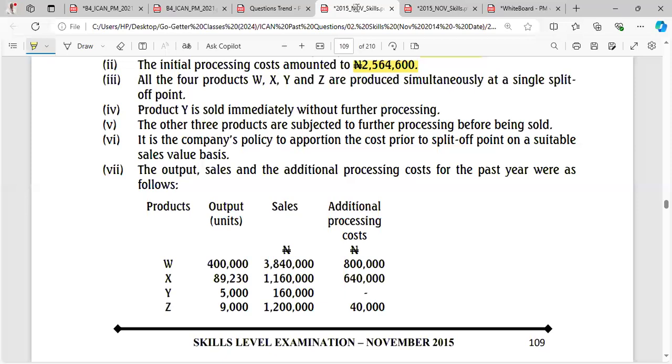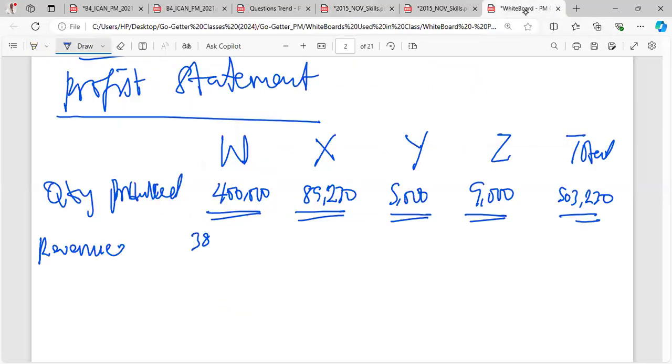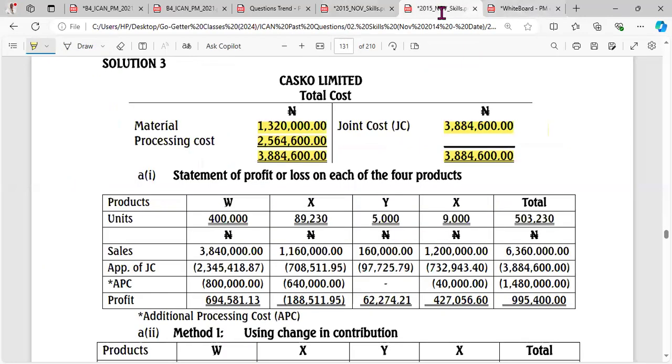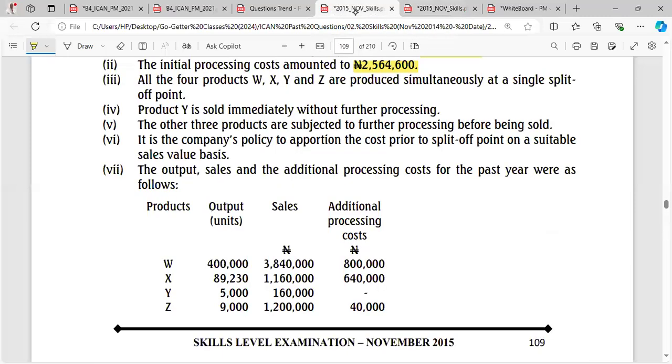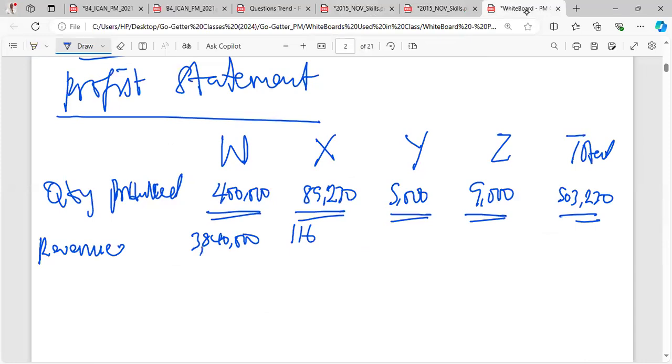Your revenue here is 3840, thousand. Then 1160, thousand.